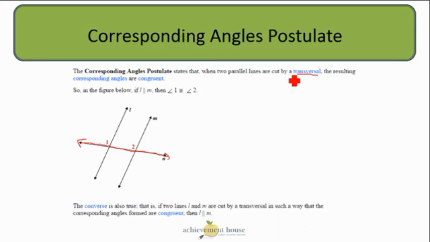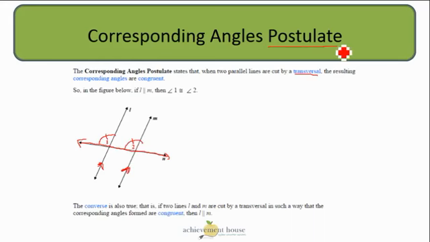So that transversal is going to cut two parallel lines, line L and line M. Those lines are parallel. This transversal cuts those two lines the exact same way. So the resulting angles are going to be congruent as long as they are corresponding. So the resulting corresponding angles, in this case angle 1 and angle 2, are congruent.